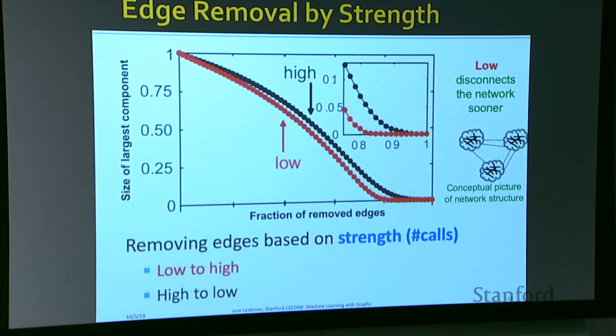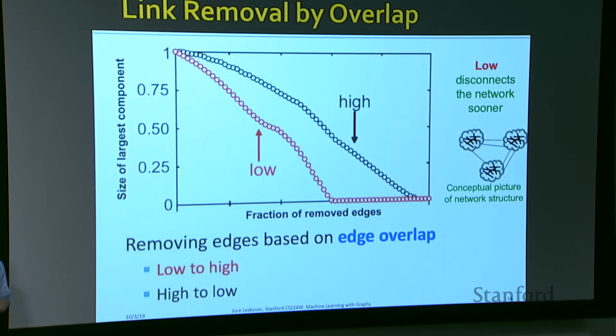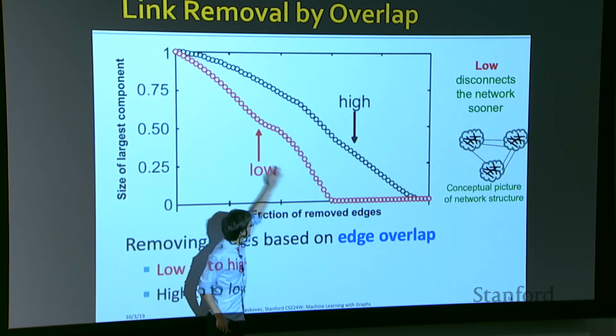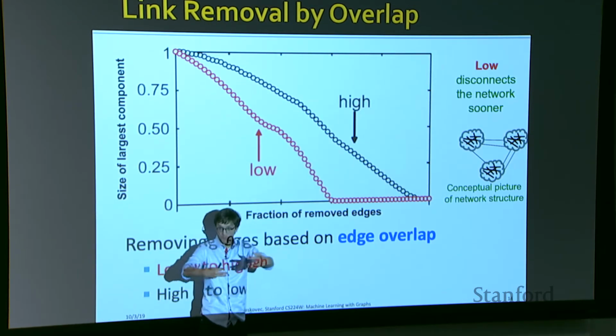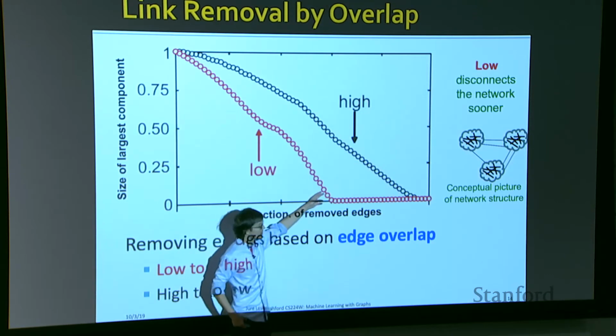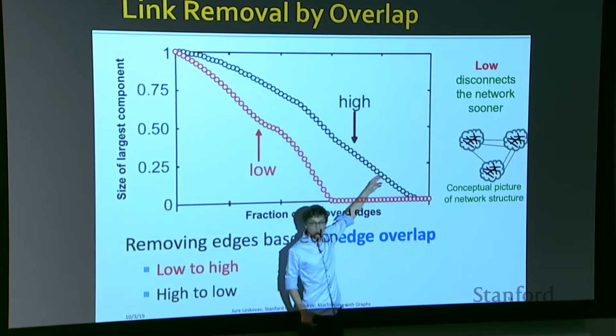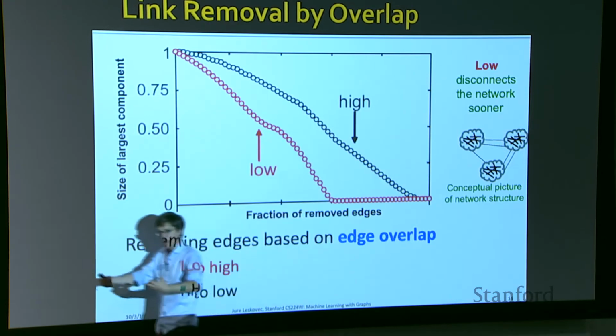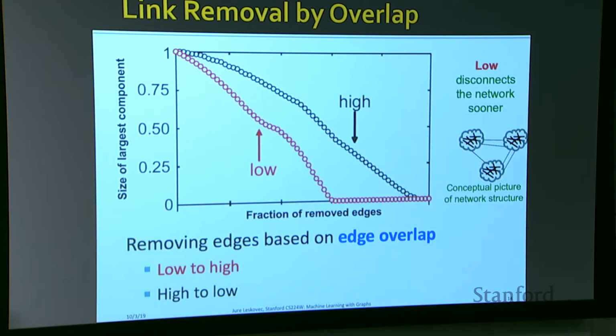I can do the same thing with the overlap. If I do this based on overlap, the difference is even bigger, right? If I remove low overlap edges first, the network will decompose into small clusters much faster than if I remove high overlap edges first. It's clear that if I remove a high overlap edge, the network will still be connected.